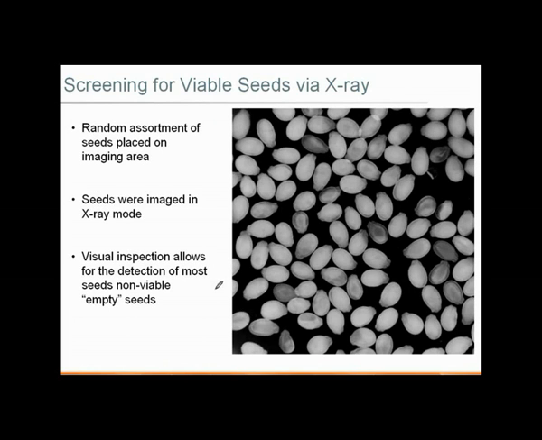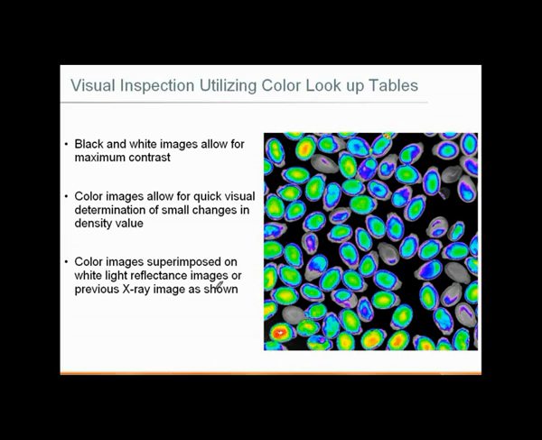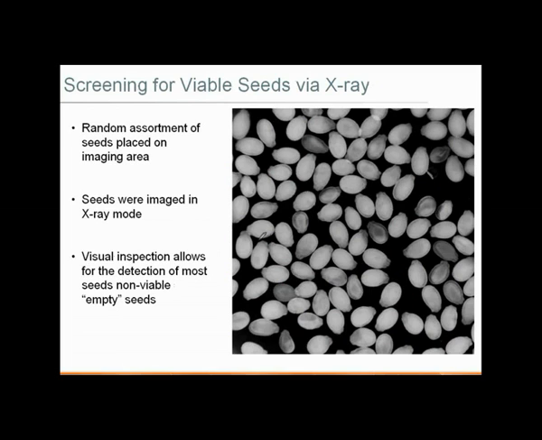Next question is, if we throw a random assortment of seeds on a platen, are we able to separate out both visually and automatically the empty seeds from the non-empty seeds, or more likely the viable seeds? And the answer is yes, otherwise I wouldn't be showing you the example. So there's 2 things you can do. First, black and white gives the viewer the best contrast.